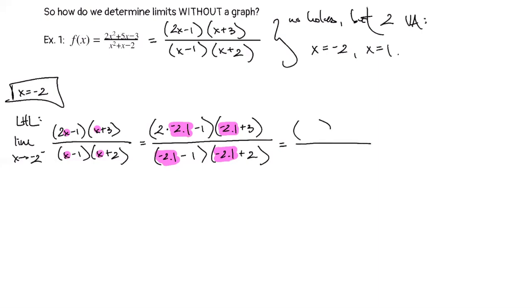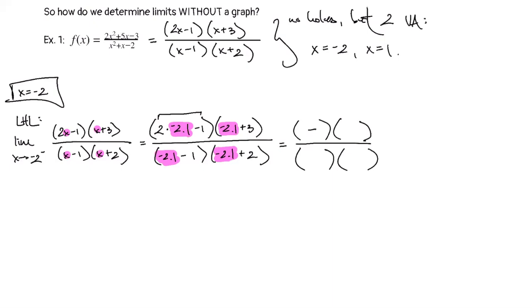So let's take each of these parentheses piece by piece, and figure out whether it's positive or negative. Let's start with this one right here. Negative 2.1 times 2 minus 1. Is that positive or negative? That is negative. Good.